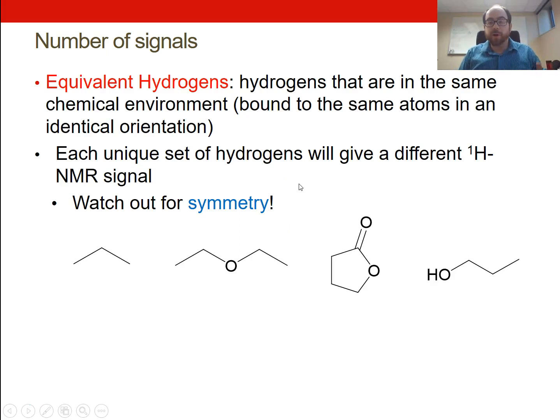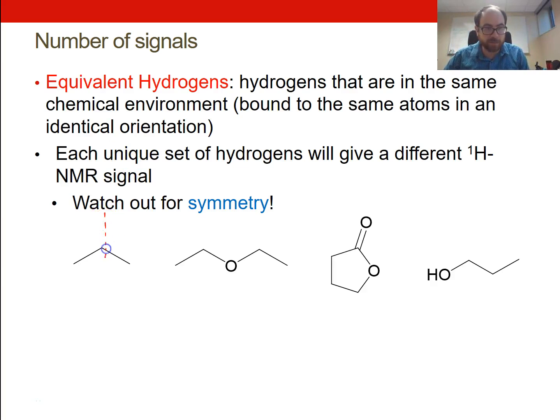So now, when we're taking a look at the structure, we want to be able to identify chemically equivalent hydrogens. What we do is first analyze the structure and figure out how many different sets of hydrogens exist within that compound, and that can tell us the number of signals within our proton NMR spectrum. If we look at this alkane here, notice that we have a 3-carbon chain, and there's actually a plane of symmetry down that central carbon.